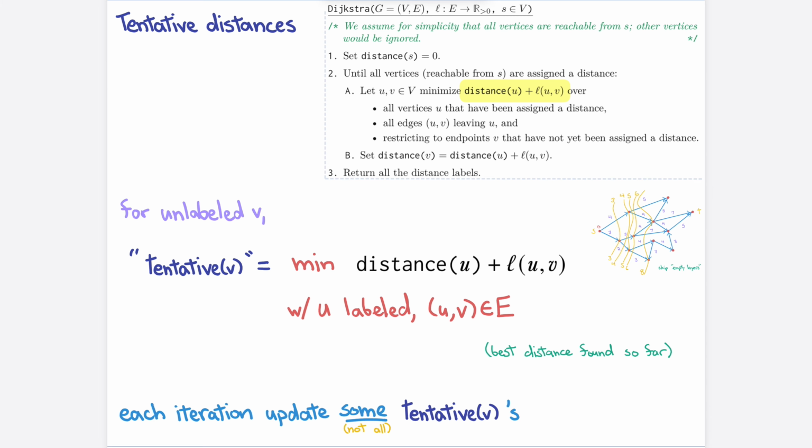Tentative distance already captures the loop over U for every V. So now all that's left is, each iteration, finding the next best one, next best one, next best one in terms of this precomputed tentative distance. Now we have something that looks more like a heap operation. I have all these unlabeled vertices, and I just want to find the next closest, next closest, next closest, updating the closest tentative distance value along the way. Okay. So you can use a heap.